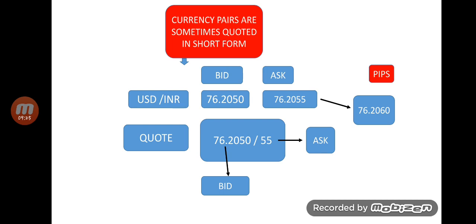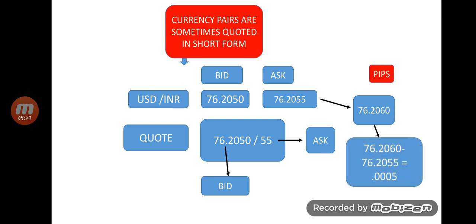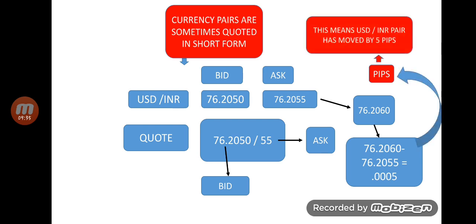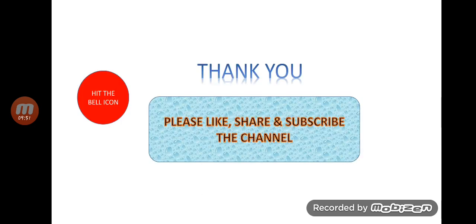The value of currency pair is increased by 0.005, which is normally known as 5 pips. So traders say that the USD INR pair has moved by 5 pips. Pips is just a change in the last digit of the value of the currency pair. I hope you understood this concept.